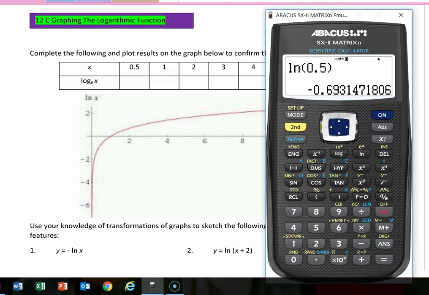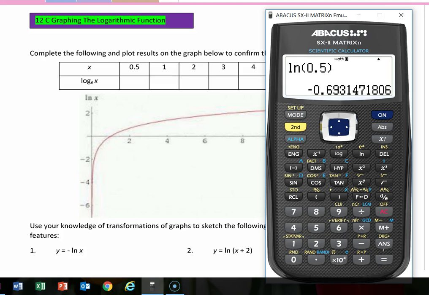Now, for the first couple of times you draw a graph of a log function, you will be required to fill out a table of values, and to do that you'll simply use your calculator. So you're focusing on the log key. We want 0.5, close the bracket, and equals, and you can see it's negative 0.69314, and so on.